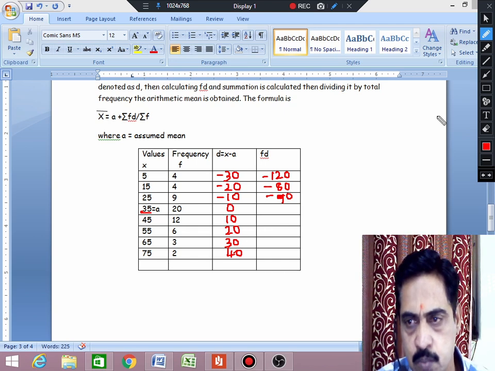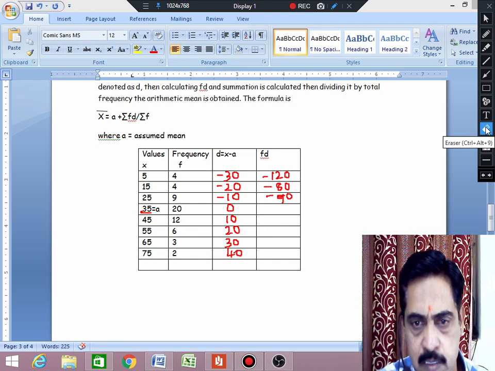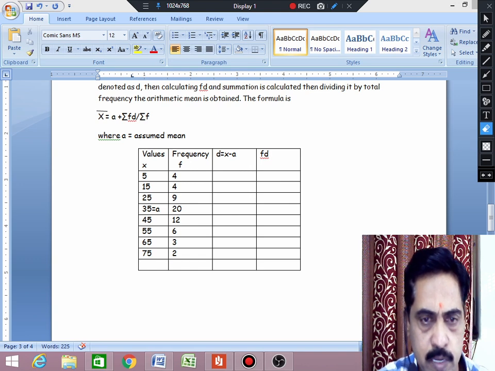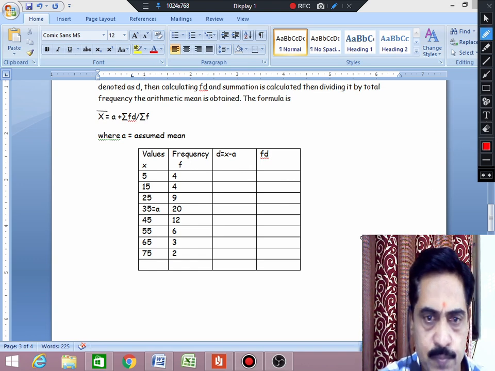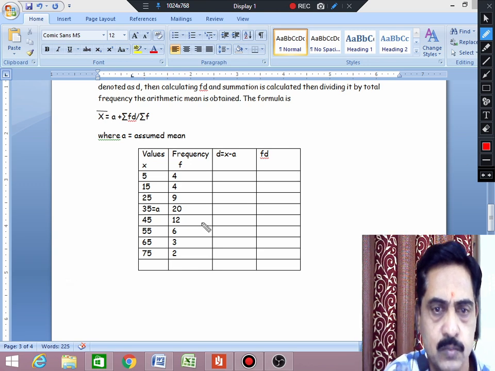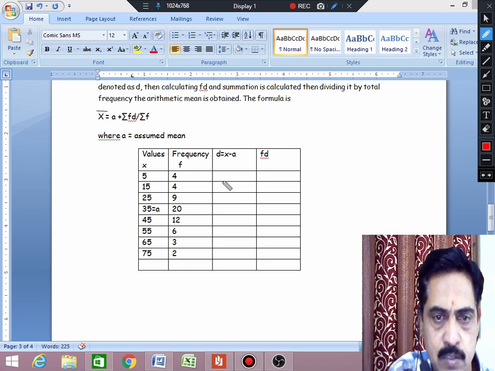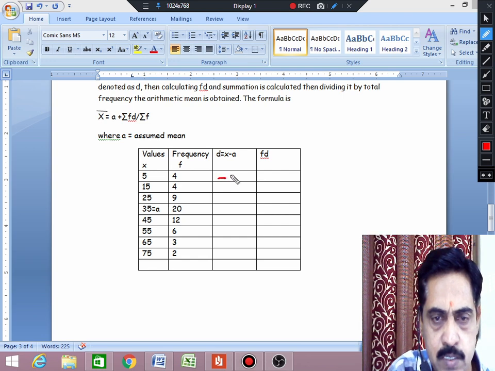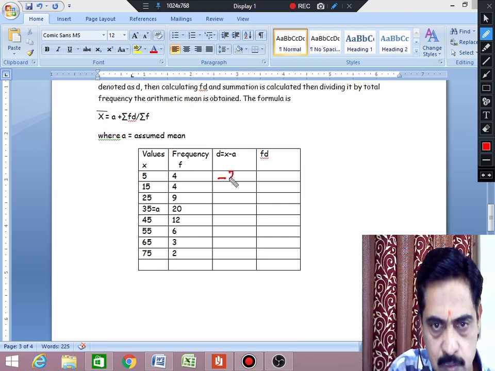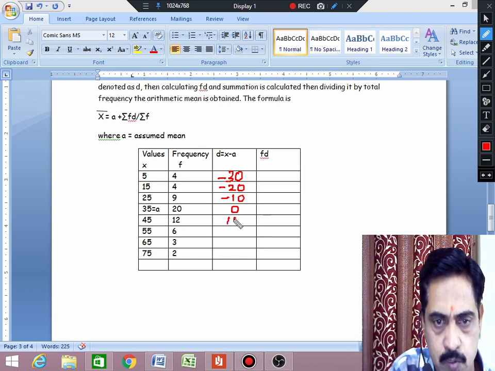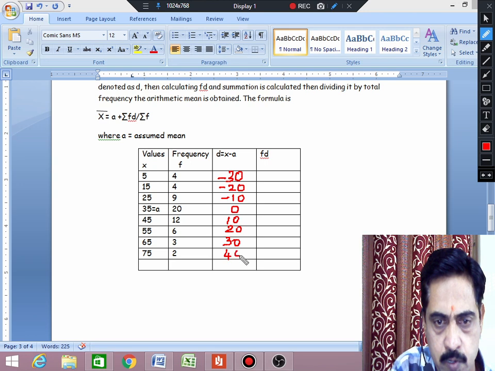Let me write this more clearly. The d values are minus 30, minus 20, minus 10, 0, 10, 20, 30 and 40.